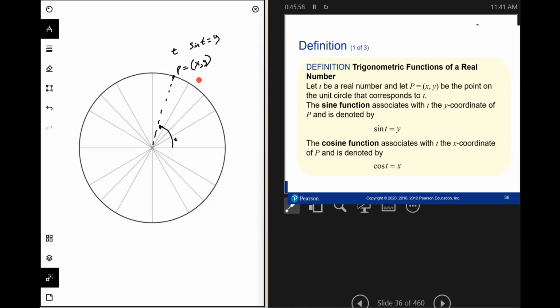And the cosine of t is going to equal the x value of this point. In terms of the unit circle, that's how cosine and sine are defined. The way you learned about it in geometry, we'll use that as well, but not right now.